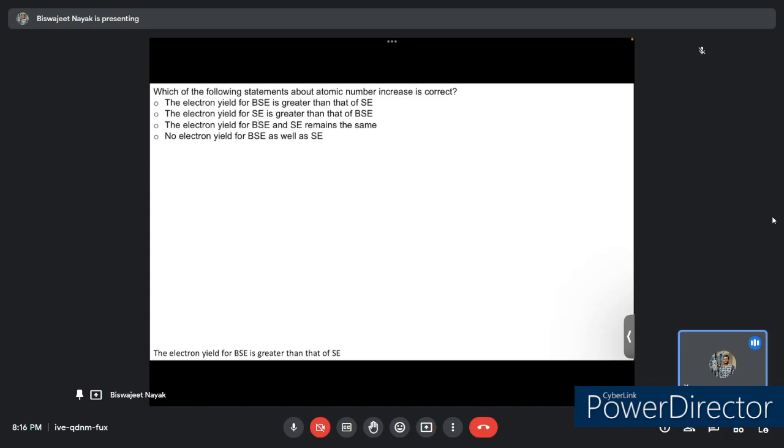It has nothing to do with atomic number in the case of secondary electrons. The electron yield for backscattered and secondary electrons remains the same with no change in atomic number. It's incorrect. So the correct option will be that the yield for backscattered electrons is greater than that of secondary electrons.